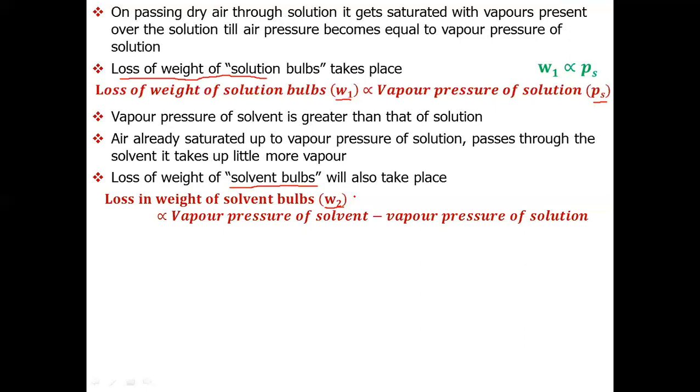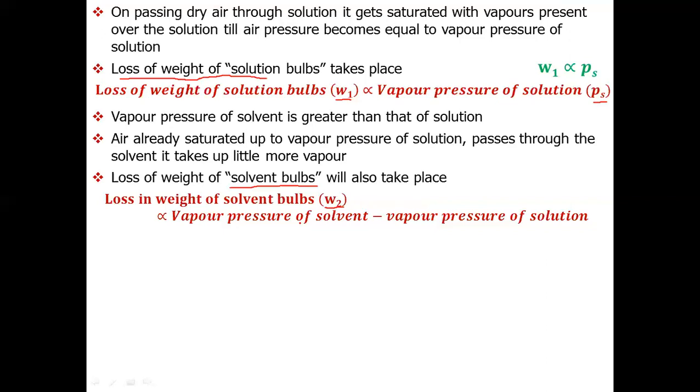So when it passes through the bulbs containing pure solvent, now as the vapor pressure of pure solvent is high and the air that is carrying vapor has lesser vapor pressure than the vapor pressure in the bulbs containing solvent, it will absorb further vapor. How much vapor can it absorb? Up to when its vapor pressure will become equal to the vapor pressure of the pure solvent.